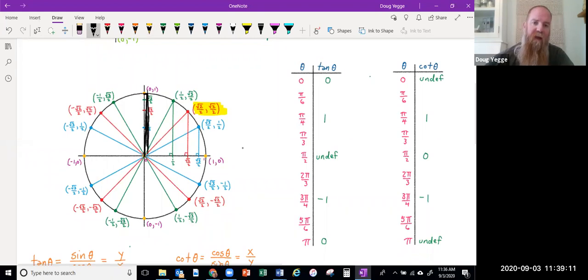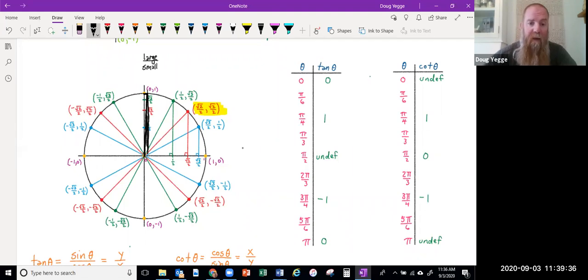So if you take a large value and divide by a really small value, then you're going to get an absolutely massive number. And so what we should recognize then is that tangent can go off to infinity, but it could also go to negative infinity for very similar reasons.